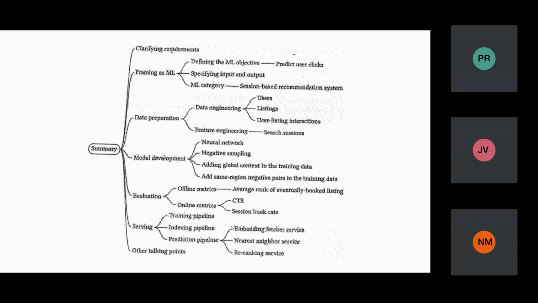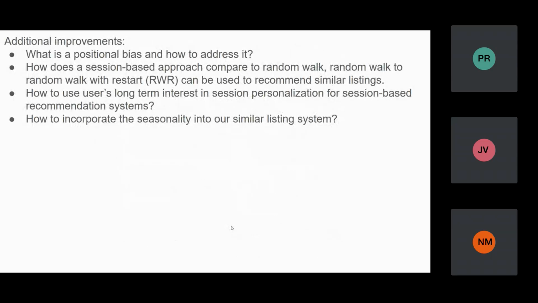So even though the whole feature has been discussed, it has been discussed within assumptions and constraints. But still there can be other improvements regarding the feature alone, or in the system as well. The improvements can be: what is positional bias and how to address it.